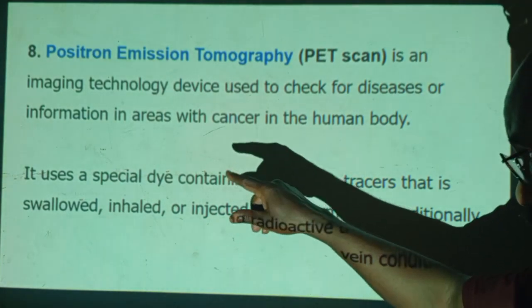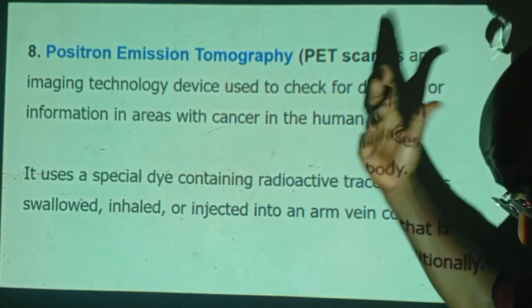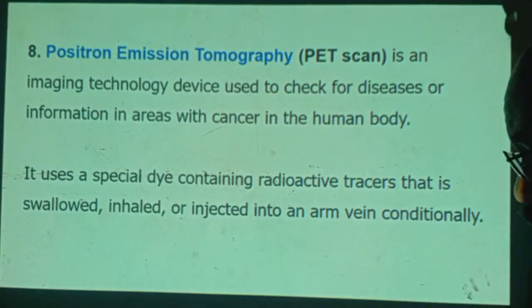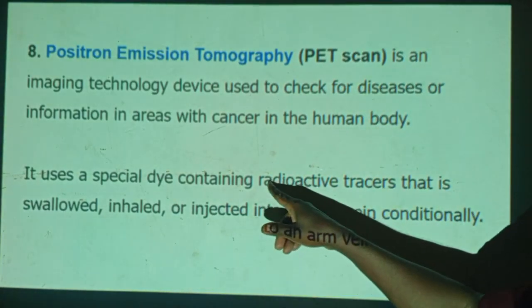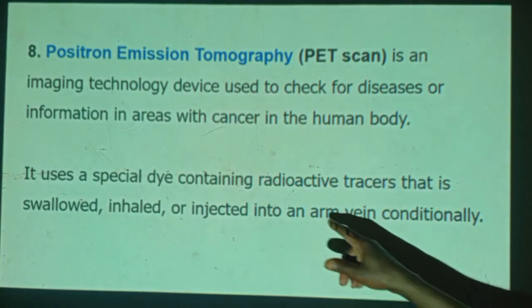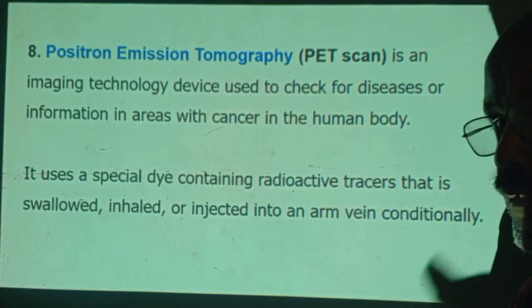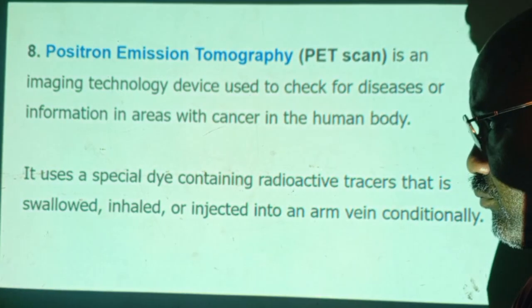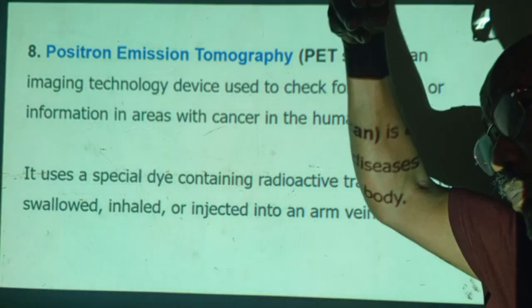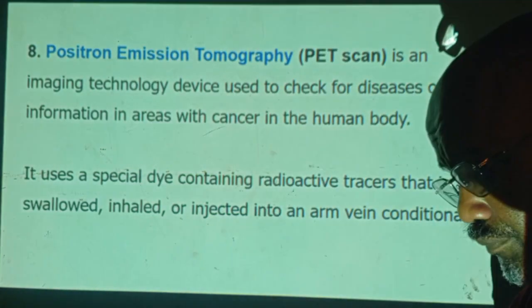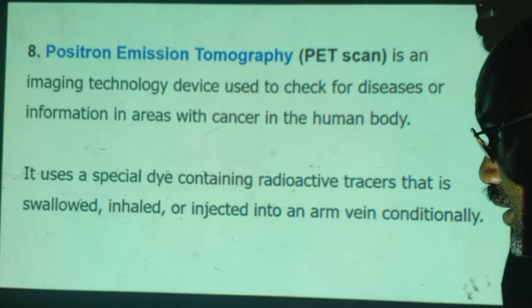The PET scan specialist, through injection into your blood, gives you glucose labeled with a radioactive element, usually radioactive fluorine. Glucose at one part contains radioactive fluorine, so it is injected.